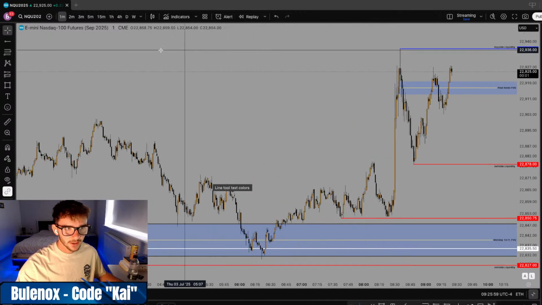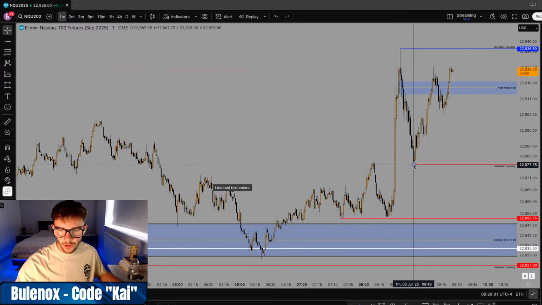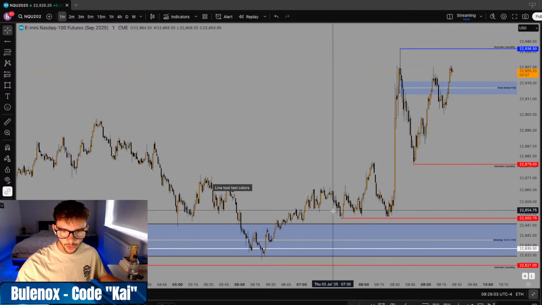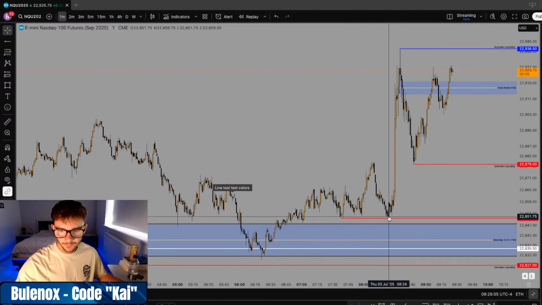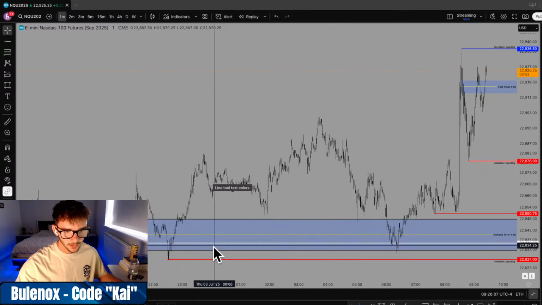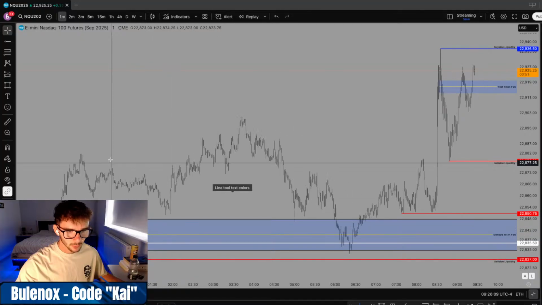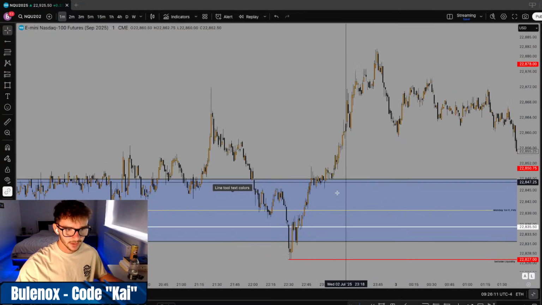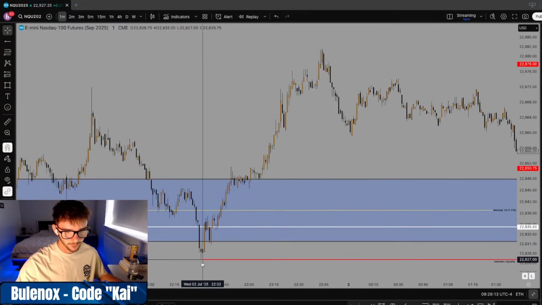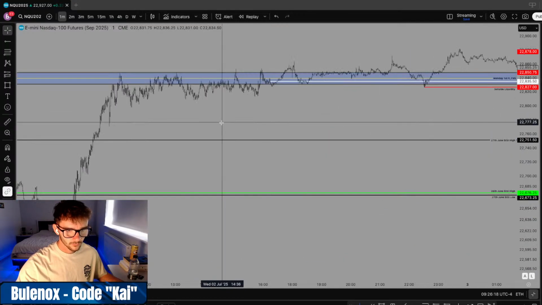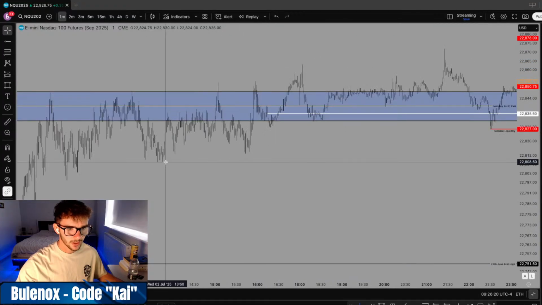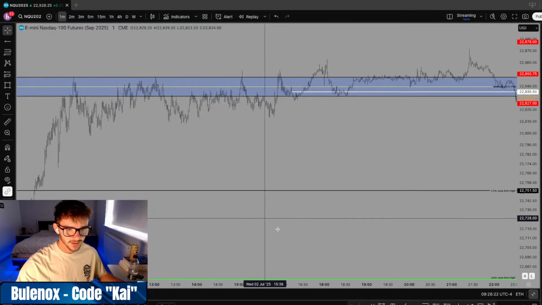So all of these down here, we have this low, which is just after the NFP run. We have these equal lows right before NFP, and then we have the overnight higher time frame 15-minute equal lows, which is going to be like the end goal for today, how far I'm going to target for shorts. We do have further liquidity down here from like yesterday's PM session.